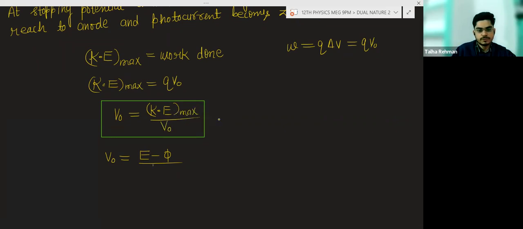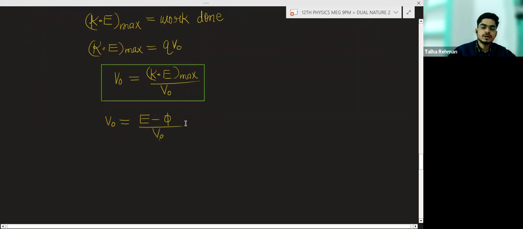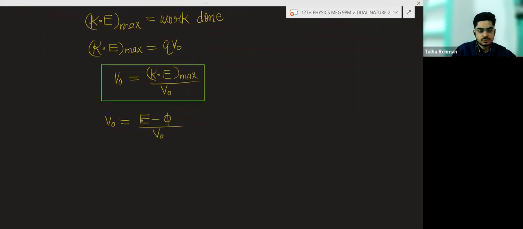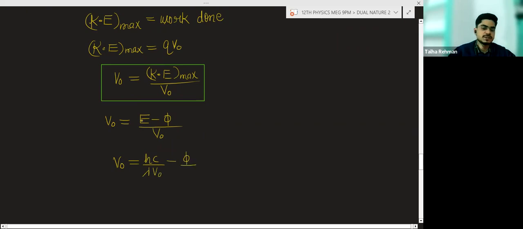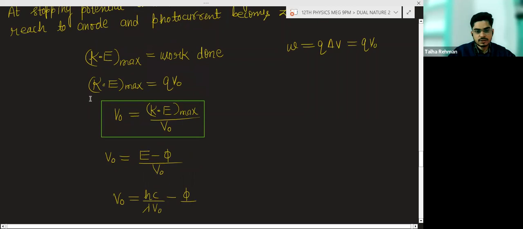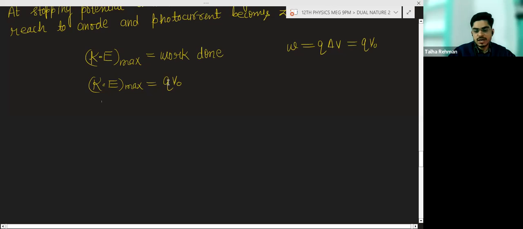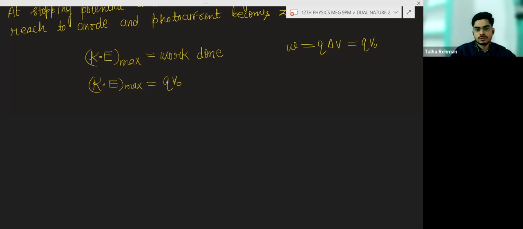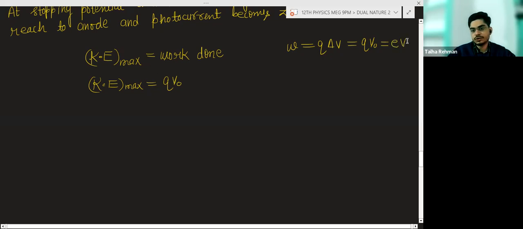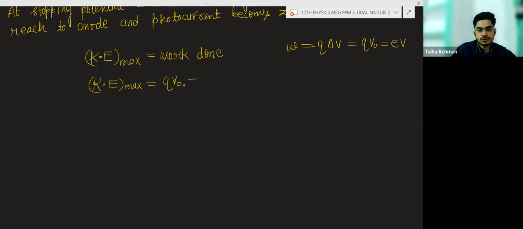Now E can be written as hc by lambda. Just a minute, we have made one mistake. The charge on the electron is e, so work done will become e into V, so this will become e into V naught.